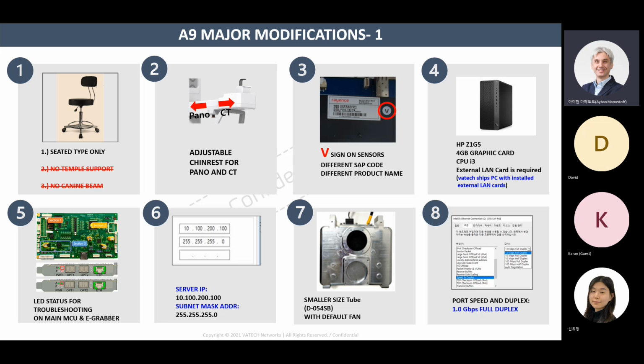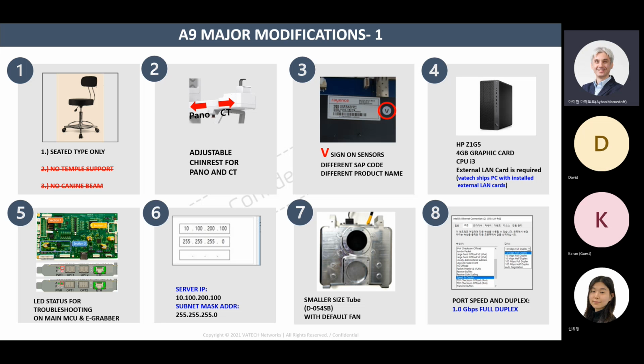So far, you've been using VATECH products where the patient had to stand in order to take the image, but this one is seated type only. So every clinic that purchases this product, and every dealer who proposes this product to any clinic, will need to sell it or buy it along with the chair.